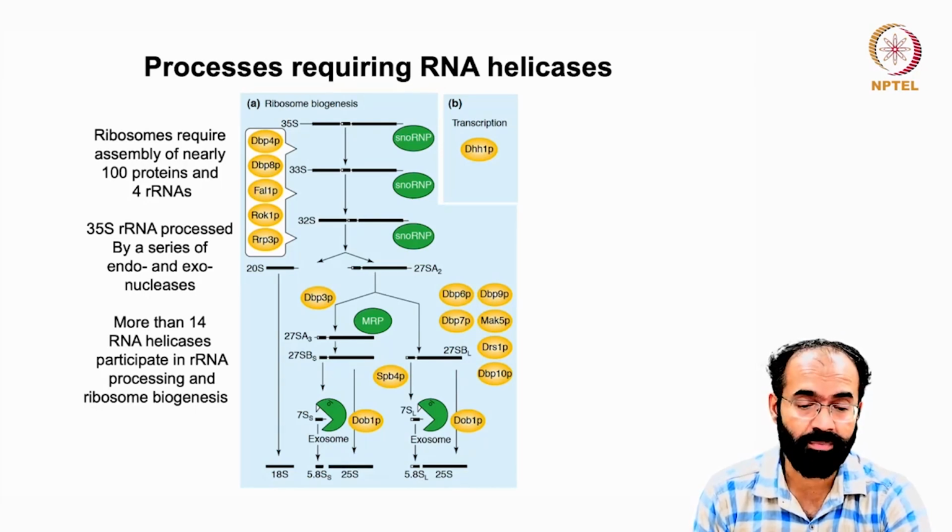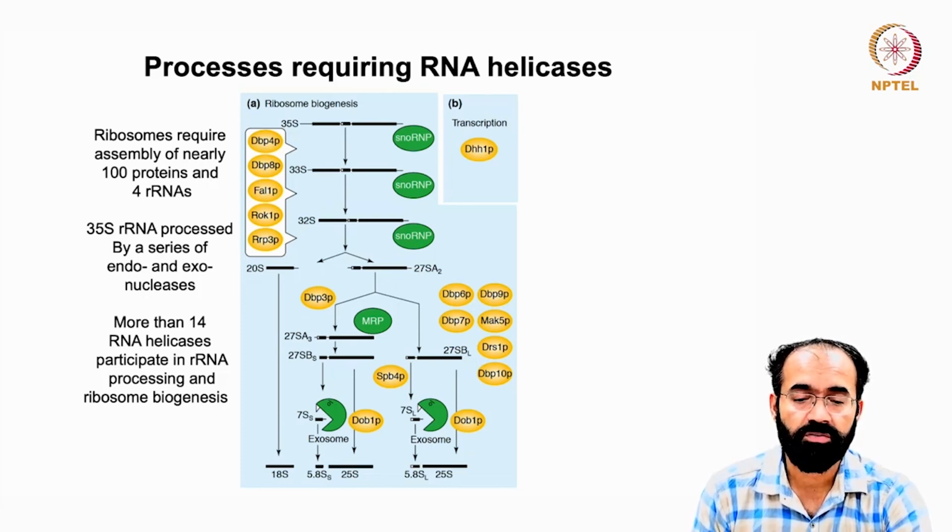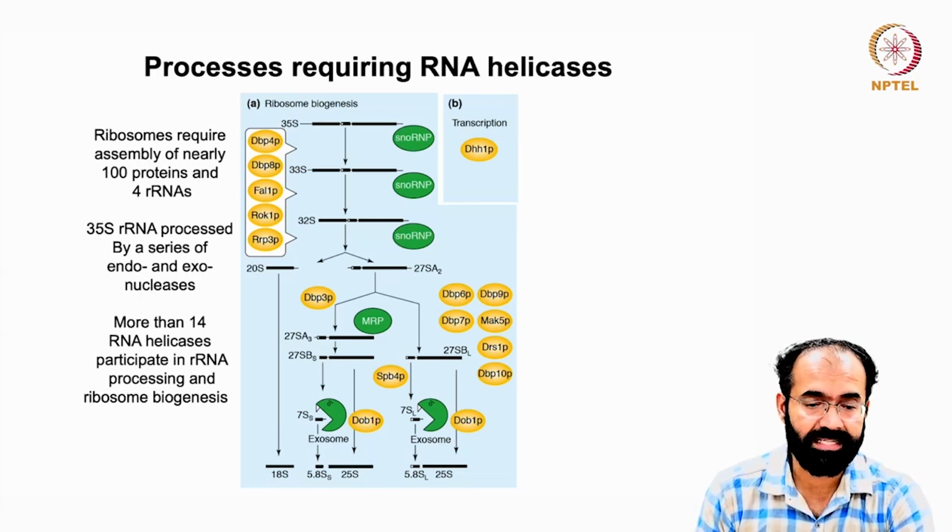They are in this snoRNP form, and the helicases that perform this assembly are DBP4P, DBP8P, FAL1P, ROK1P and RRP3P. So these are all different enzymes. These are all helicases. So they contribute for the assembly, and also that's not it. There are further DBP3P and plenty of others, whichever you see in yellow color box, they are all helicases.